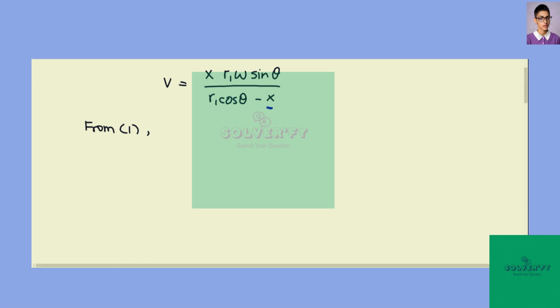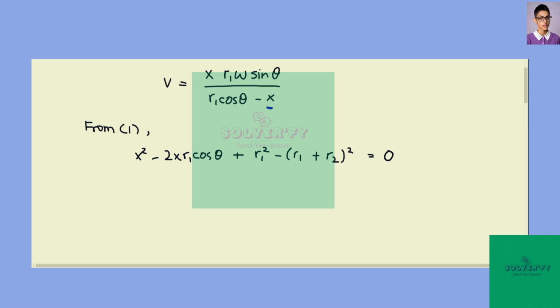So this is what we have: x squared minus 2x R1 cosine theta plus R1 squared minus (R1 plus R2) squared, and this is equal to 0.